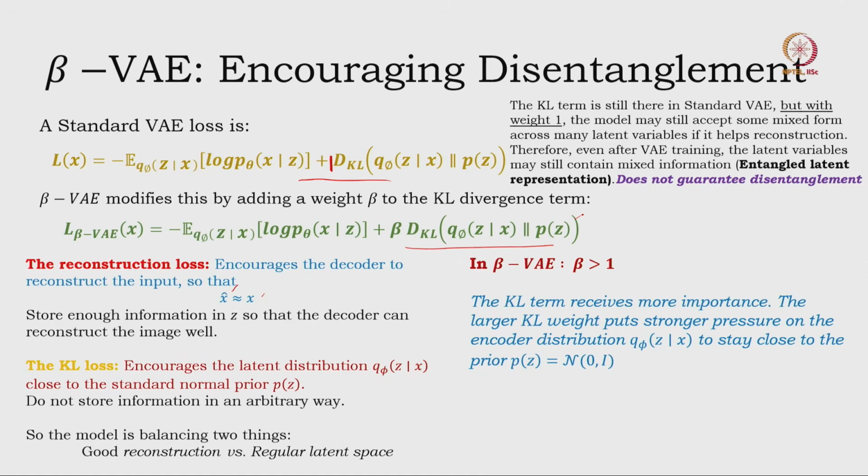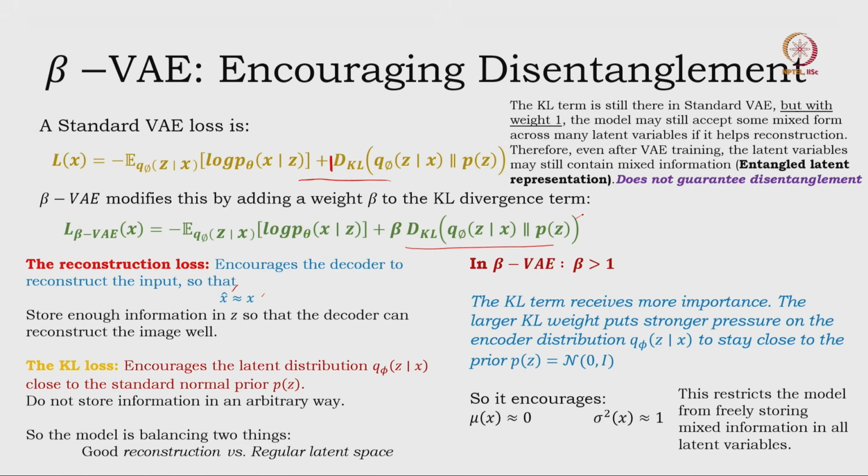Right. So what do you mean by this? It strongly encourages that the mean value should be closer to 0 and the variance should be closer to 1. So this restricts the model from freely storing mixed information in all the latent variables. This is the place where you are restricting the model from storing mixed information in the latent variables.